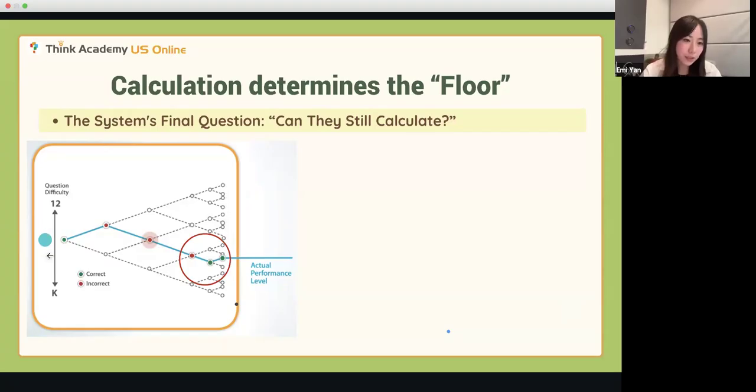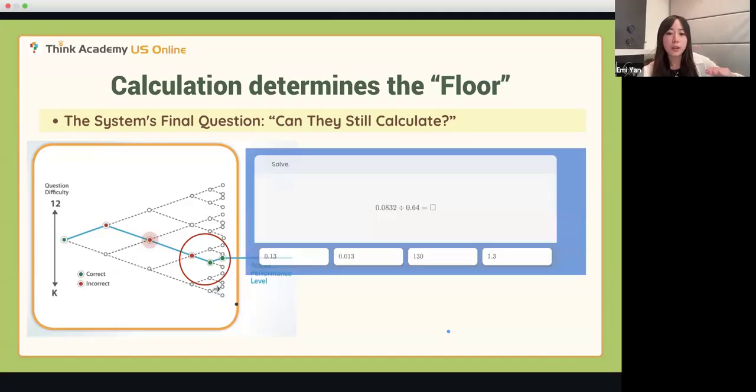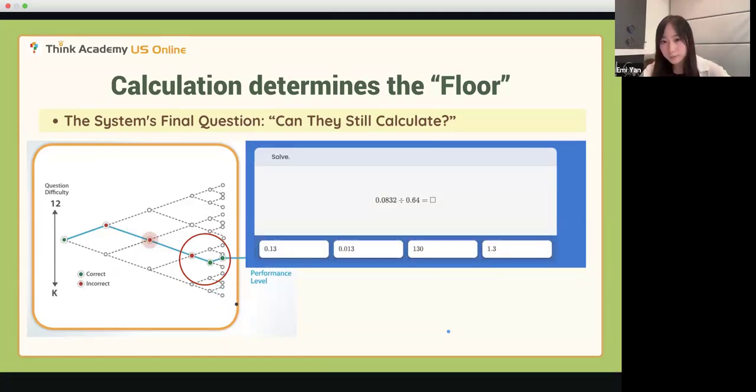For example, from my table here, if I do the first question correct and the second question wrong, and I continue to get all the grade 5 questions wrong, the system is going to say, maybe I need to give Emmy an easier question, like problems from grade 4.